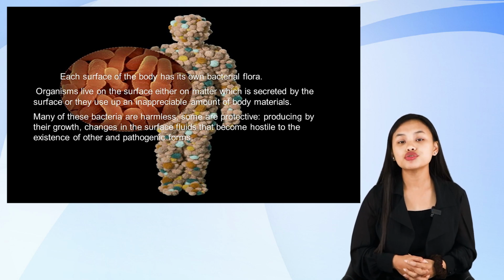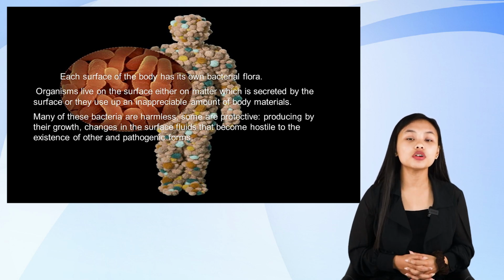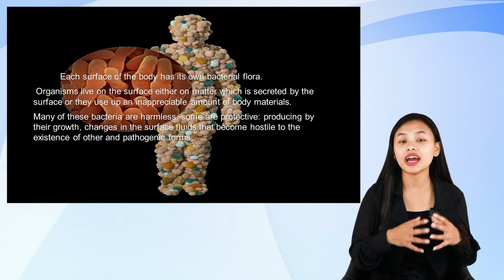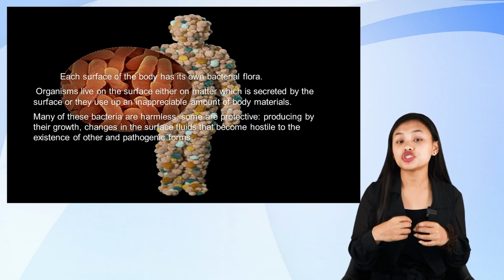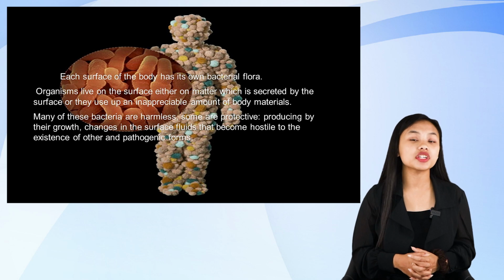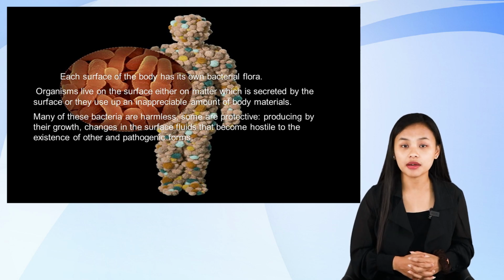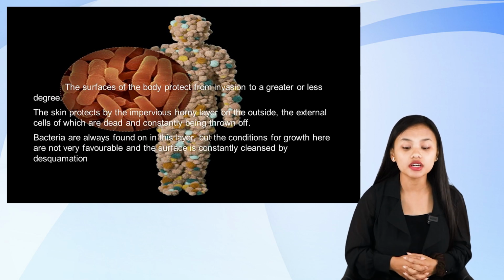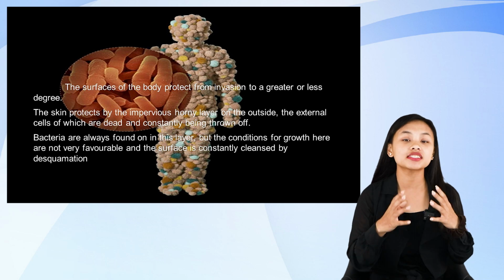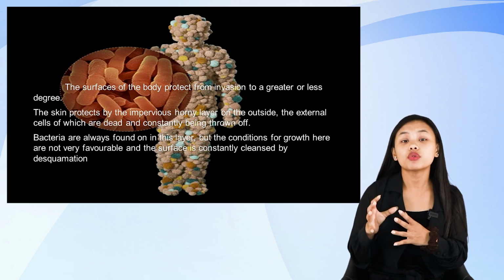The surface also frequently harbors pathogenic organisms, which await some condition that will permit them to effect entrance into the tissues. So the surface protects the body from invasion to a greater or lesser degree. The skin protects by the impervious horny layer on the outside, the external cells of which are dead and constantly being thrown off.